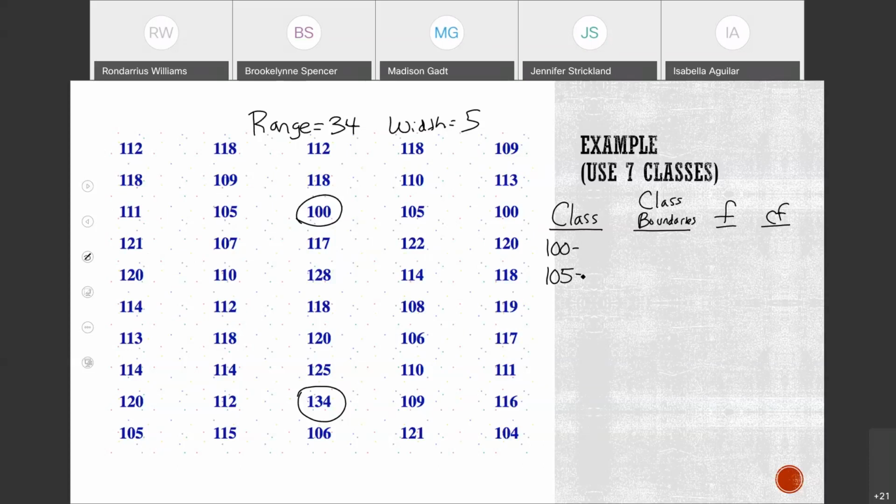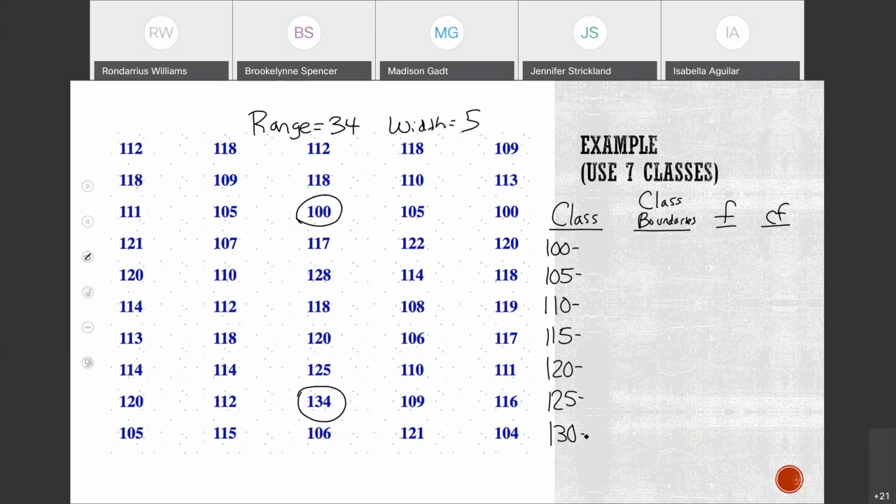All right, so I'm going to add 5 every time. So 100 plus 5 is 105. Plus 5 again, 110. Plus 5 again, 115, 120, 125, 130. And I'm going to do 7 of them, right? Because it told me to do 7 classes.